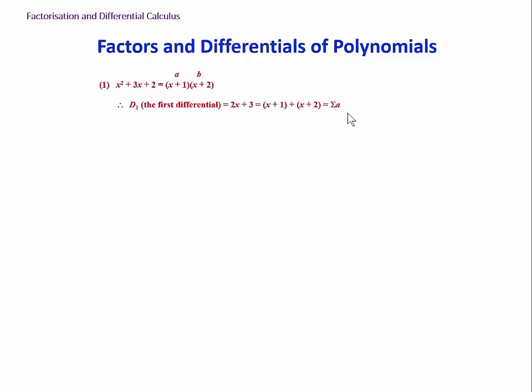Well, it's a neat result, and it can be extended. So he goes on to a second example, in which he has this cubic, which factorises like this, x plus 1, x plus 2, x plus 3. And the first differential there, if you differentiate this, is this quadratic expression. How is that related to the factors here?